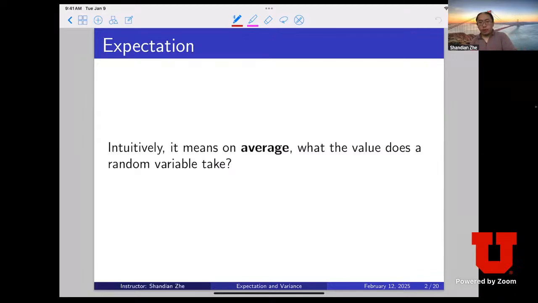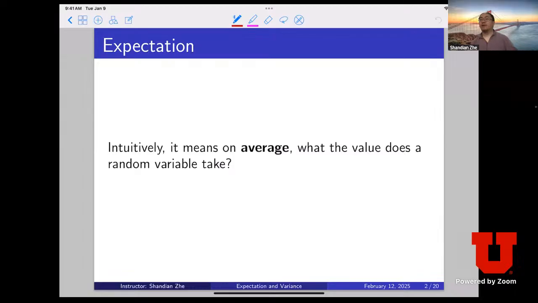Okay, so let us continue with our discussion about the random variables, right? In our previous lectures, we talked about discrete random variables and continuous random variables. For discrete random variables, we have defined probability mass functions, which are straightforward. It basically defines the probability that your random variable takes different values.